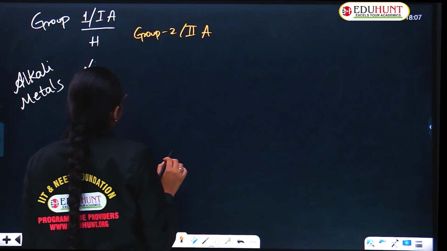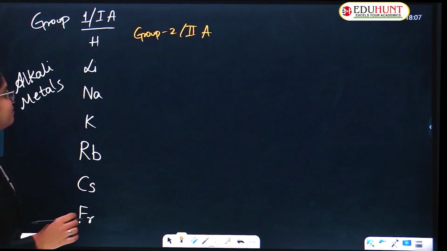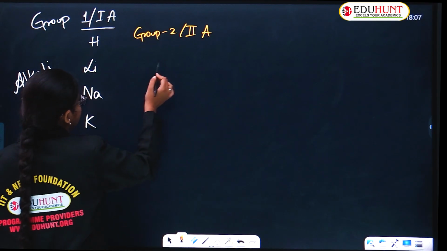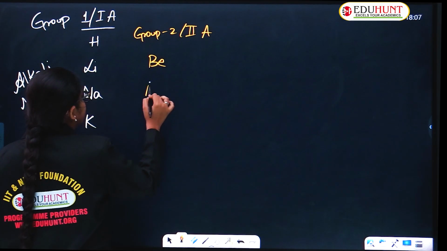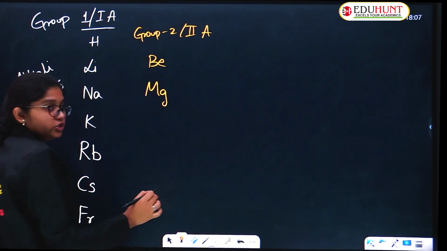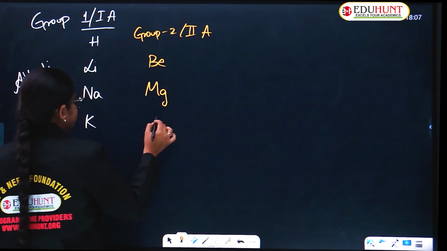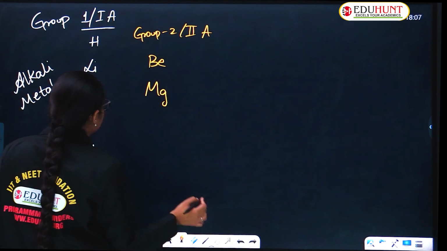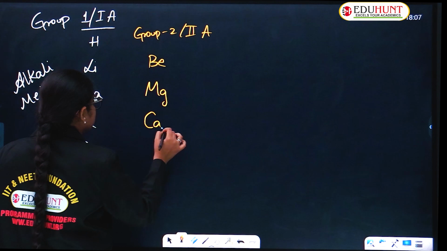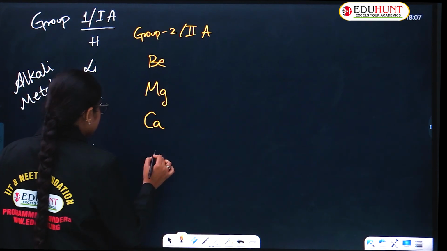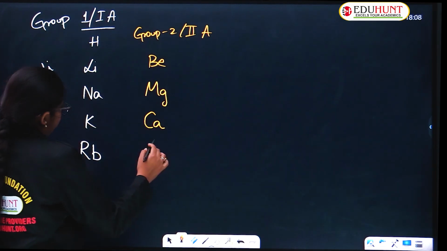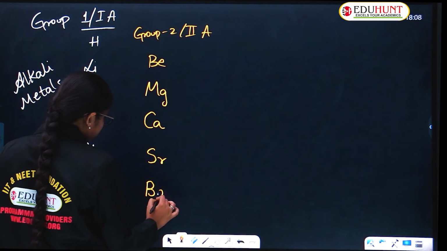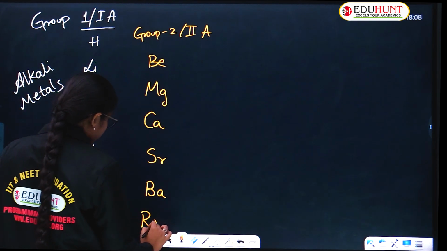Those have the metals, namely, after lithium: beryllium Be, magnesium Mg, calcium Ca, strontium Sr, barium Ba, and radium Ra.